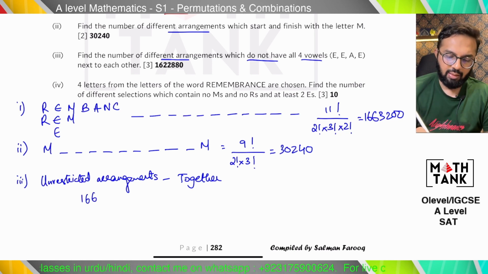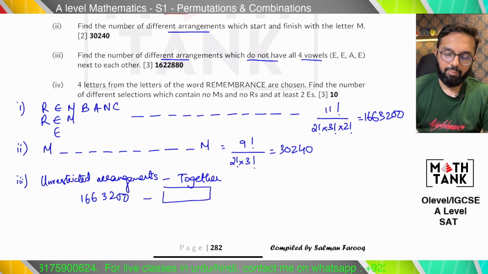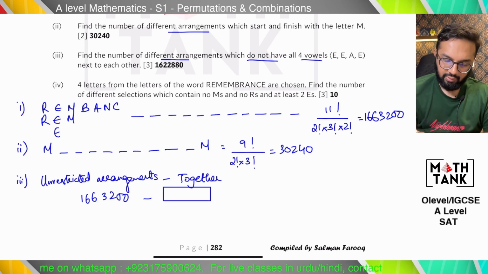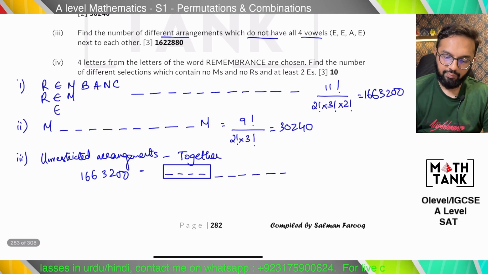So I'm going to say 1663200 minus together. And how do I keep them together? I put them inside a box. Okay, how many are inside the box? Four vowels. So 1, 2, 3, 4. Okay, so this is a subtraction sign. 1, 2, 3, 4, 5, 6, and 7.